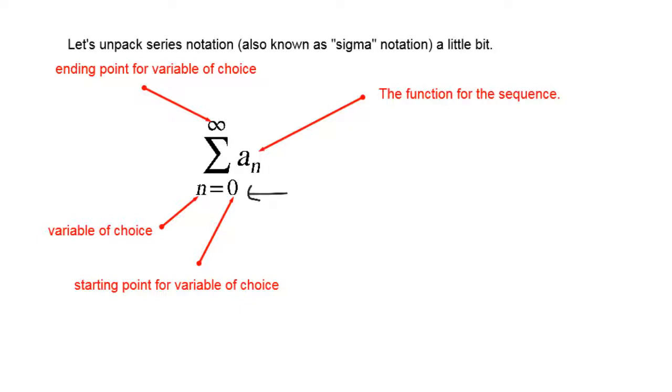Remember, sequences have the domain of the natural numbers. So the natural numbers start at 0 and go up by ones: 0, 1, 2, 3, 4, and so on. So n will never equal 1.28 or something along those lines. Remember that.